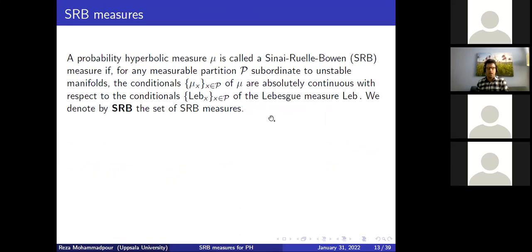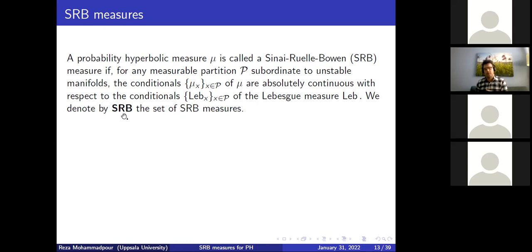Let's define the SRB measure. A hyperbolic probability measure is called a Sinai-Ruelle-Bowen (SRB) measure if, for any measurable partition P subordinate to the unstable manifold, the conditional measures of mu with respect to that partition are absolutely continuous with respect to the conditional measure of Lebesgue.